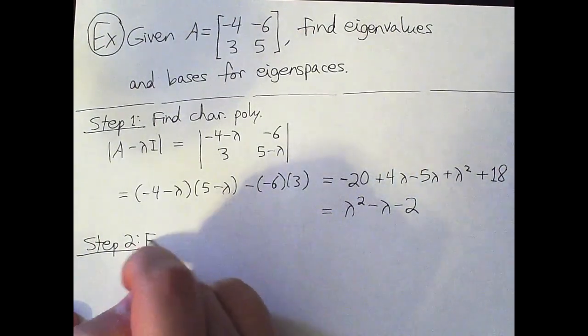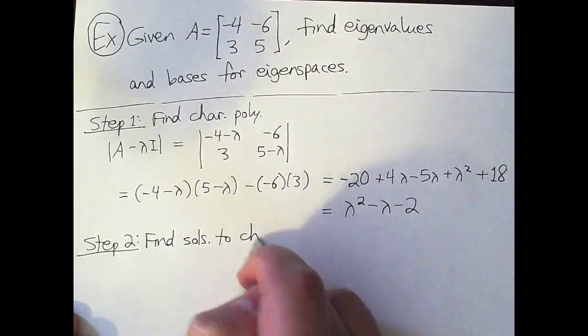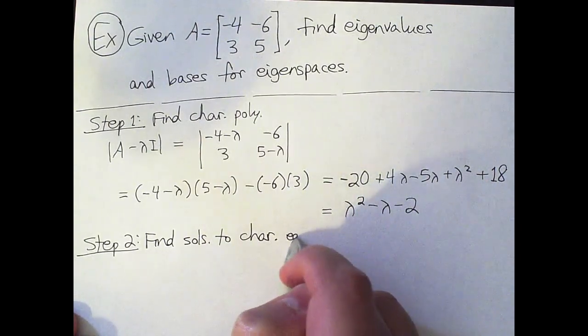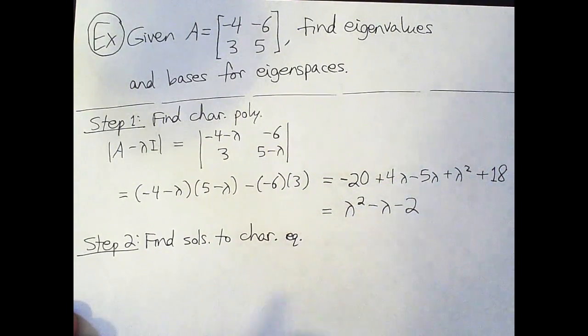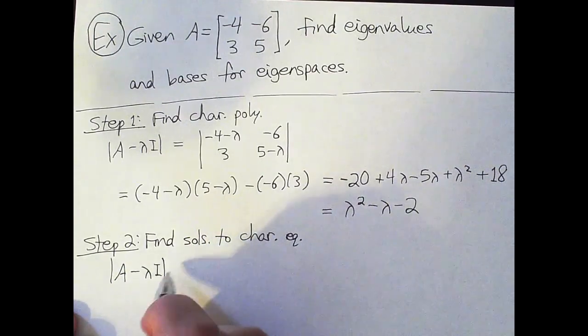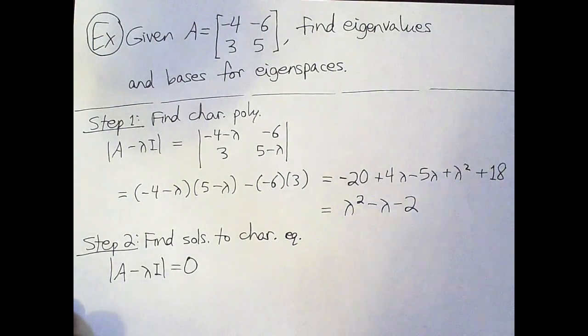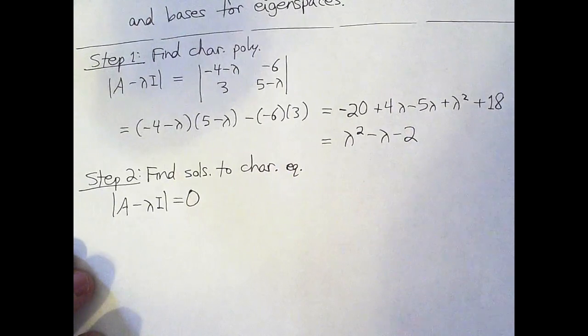So now we're going to find solutions to the characteristic equation, where we want the determinant of A minus lambda I to be 0. And you understand why we want the determinant to be 0, because that means the homogeneous equation is going to have non-trivial solutions, which means we're going to find eigenvectors.